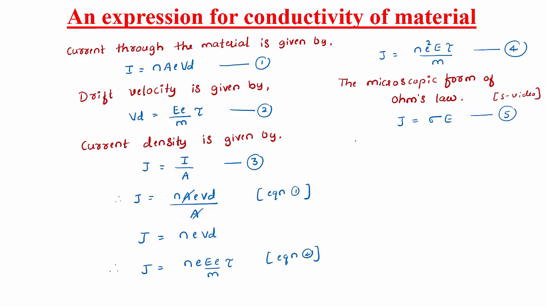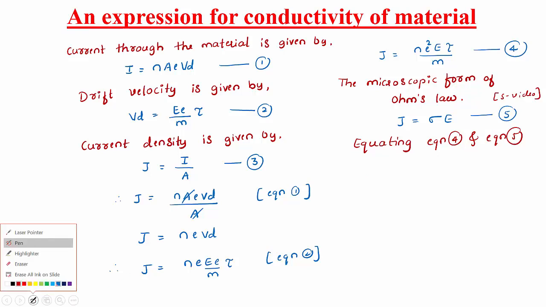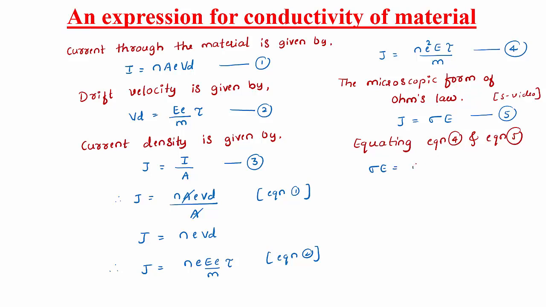Now equating equation 4 and equation 5. The LHS are the same, that is current density J. So therefore what remains is sigma E equal to n e square E into tau divided by m.